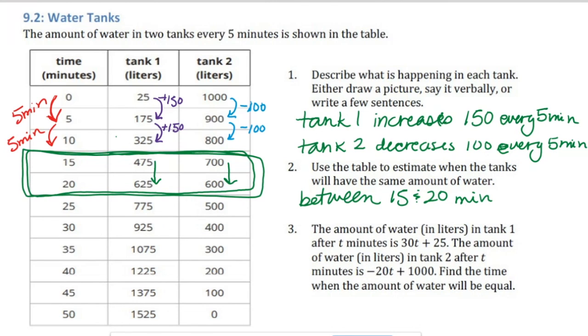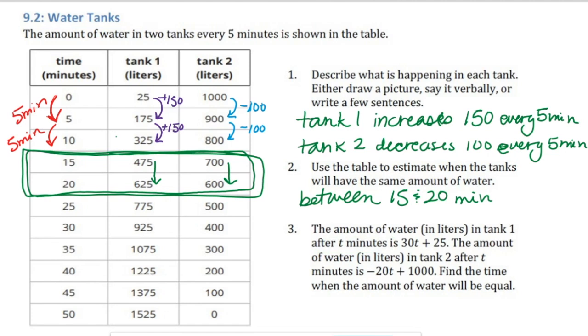It says the amount of water in liters in tank 1 after T minutes. I want to talk about the T for a second. So remember, when we don't know an amount or a number, we use a variable, right? And they're telling us we're going to call the minutes T. The only thing is on the chart, we actually have minutes, right? So it might be a little confusing that, well, if we have the minutes, why are we needing a T?